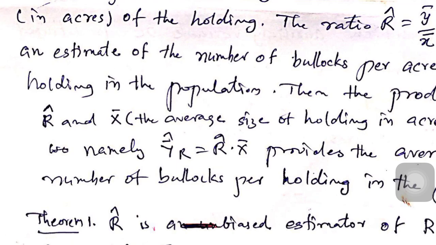Okay, and that variable is called auxiliary variable, and the technique of utilizing this auxiliary variable is called auxiliary variable technique. Okay, and this is a very simple introduction for the auxiliary variable technique, and in particular for ratio method of estimation.